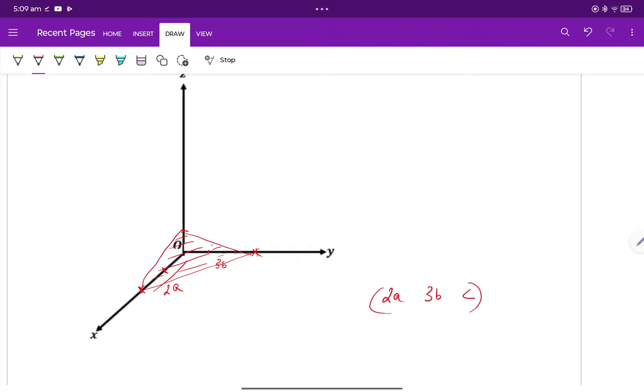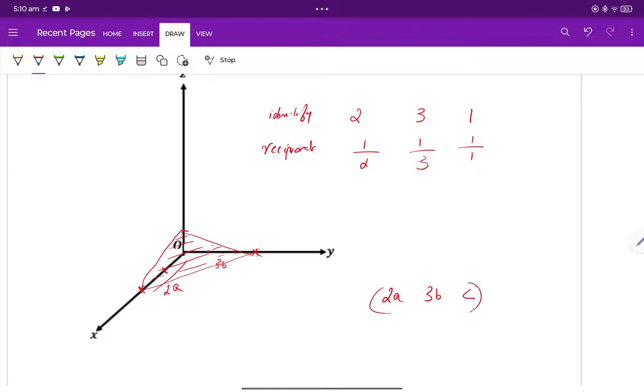So it will be 2A, 3B, C. The first step is to determine the coefficients, that is 2, 3 and 1. Second step, you have to take the reciprocals. So this will be 1 by 2, 1 by 3, and of course 1 by 1.